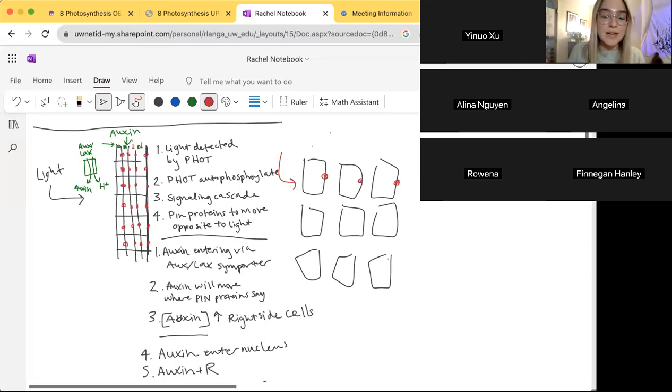If I mess with the kinase, I'm going to mess with the ability of the hydrogen pump to be phosphorylated. And if you mess with that, then you're not going to pump hydrogen out into the cell wall, and all that stuff's going to mess up. Then if I add acid to the outside, I'm basically putting protons into the cell wall.